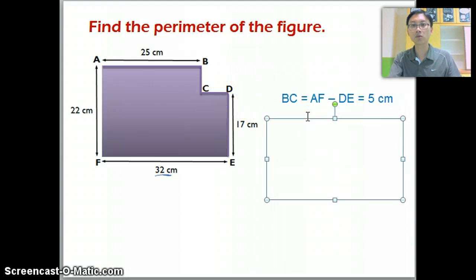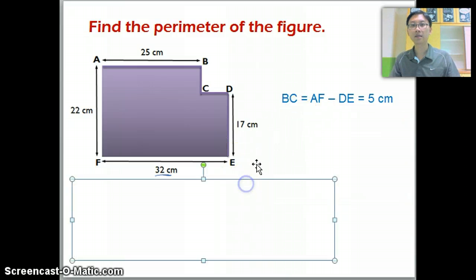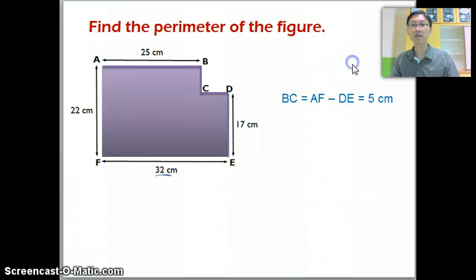The first clue: BC is actually equal to AF minus DE. Now how do I get that? I want you to observe carefully. I'm going to change color for BC. This is line BC. I'm going to shift it to meet AF. Same with DE.